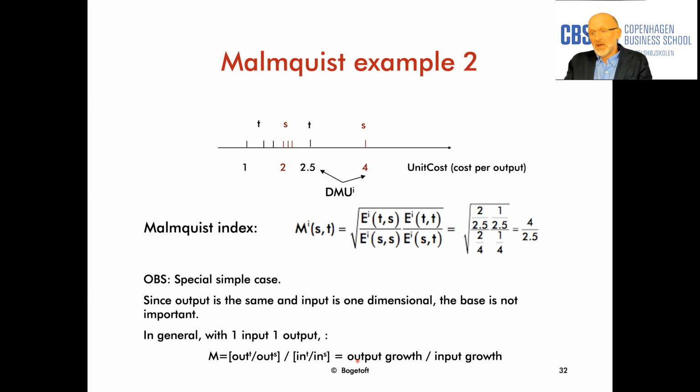They say that, okay, output has grown by 10%, input has grown by 5%. So 1.1 divided by 1.05, that's the productivity gain you would have had.